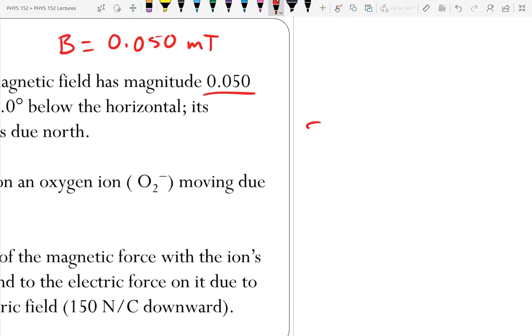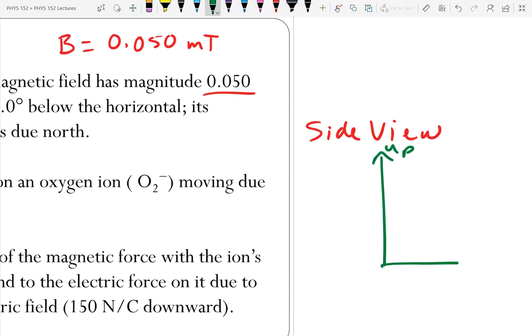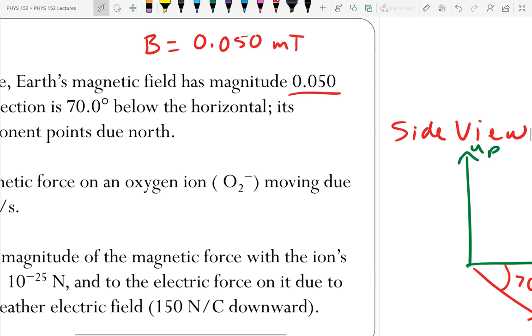So if I make a side view, here's up, here's north, and my magnetic field is 70 degrees below horizontal. And B is pointing that direction. So I've got my magnetic field described.